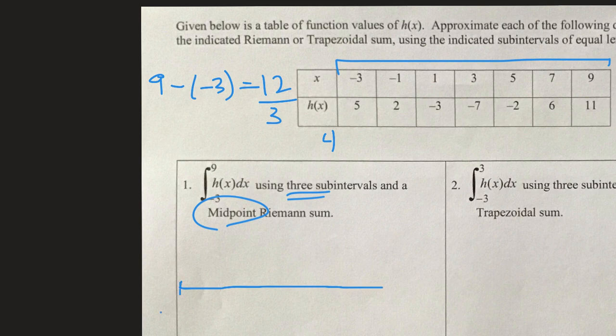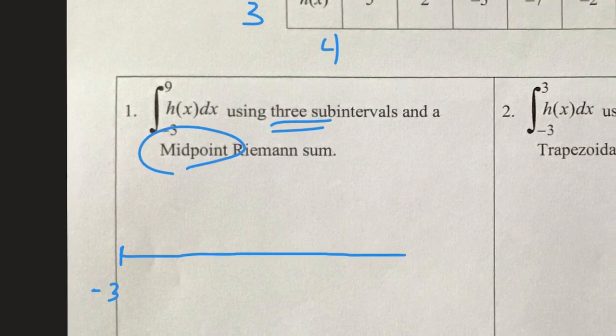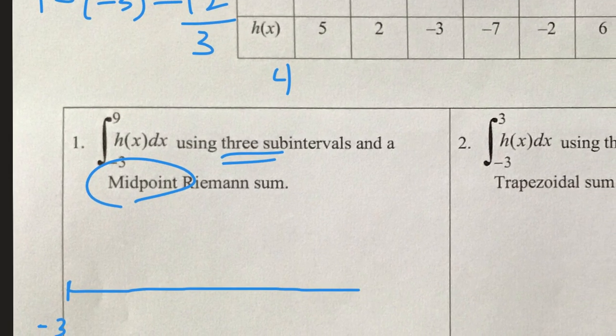We're going to start at -3. What is the next x value 4 units away from -3? +1, and then 4 units away from that is +5, and 4 units away from that is +9. So these are the x values that will divide our interval into 3 equal subdivisions.